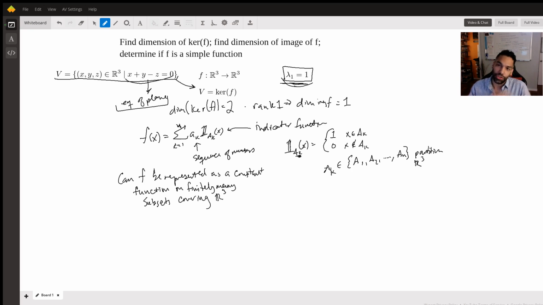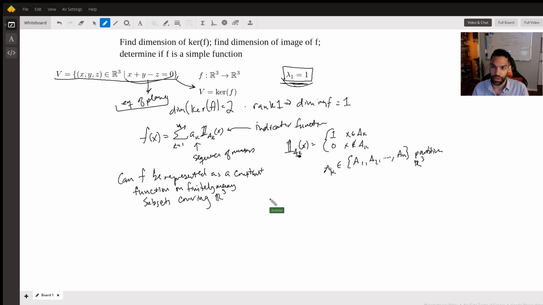It's intuitively clear that that's just not the case, because if you have some subset of R3 that has a measure that's not 0, then you're going to occupy a space that's larger than a point. And this line is not constant anywhere, or rather, it's not constant over any interval.